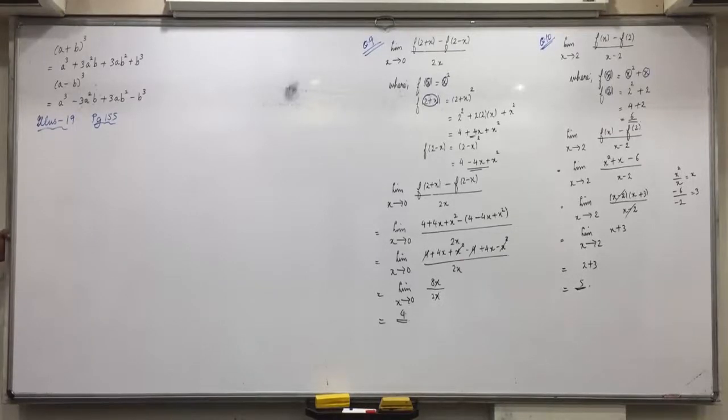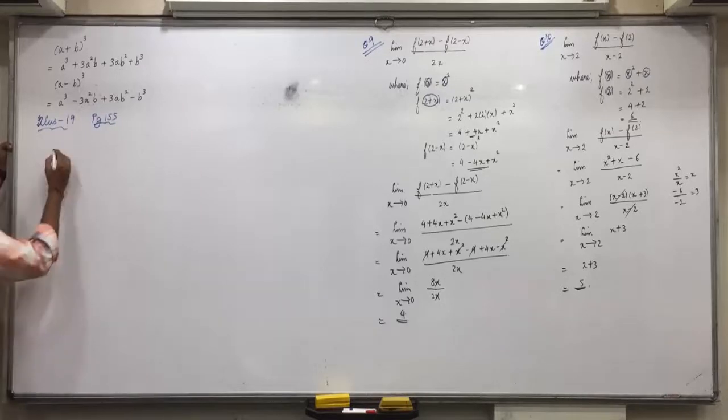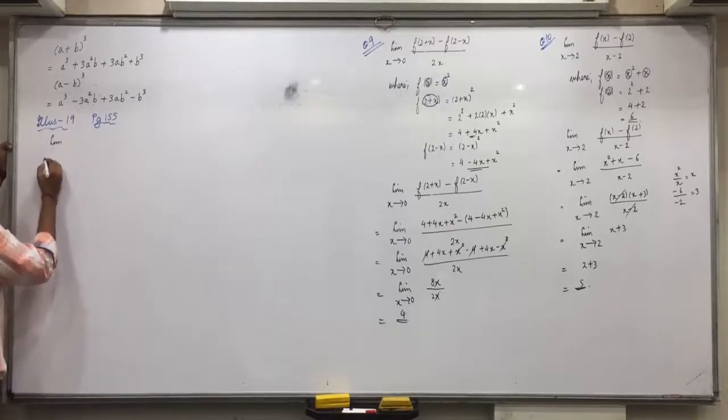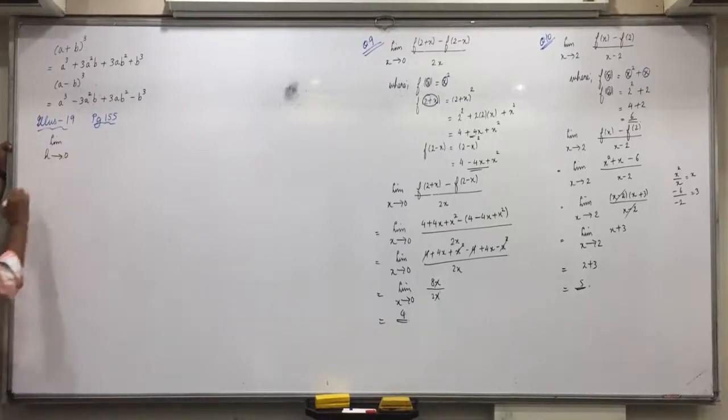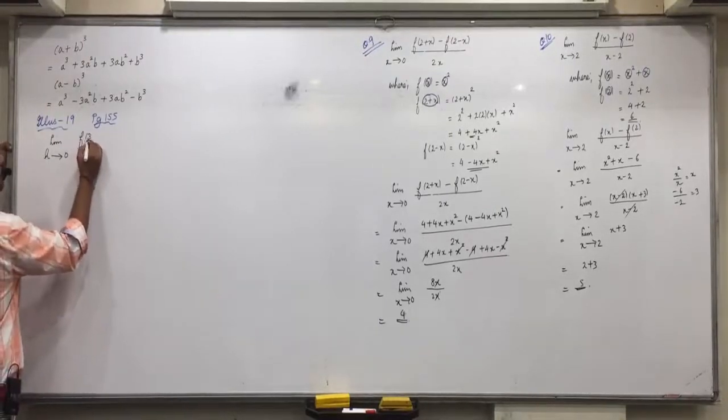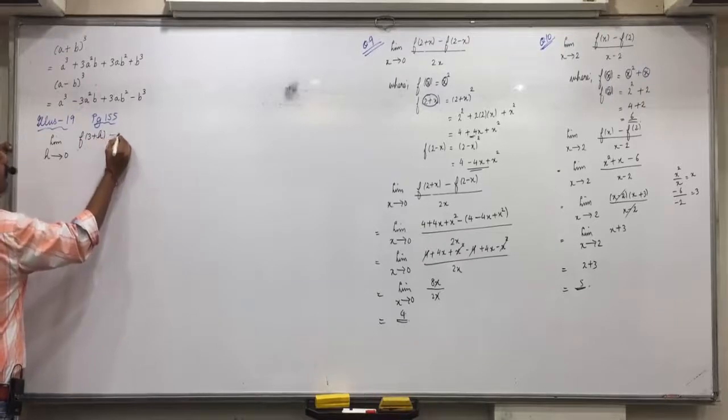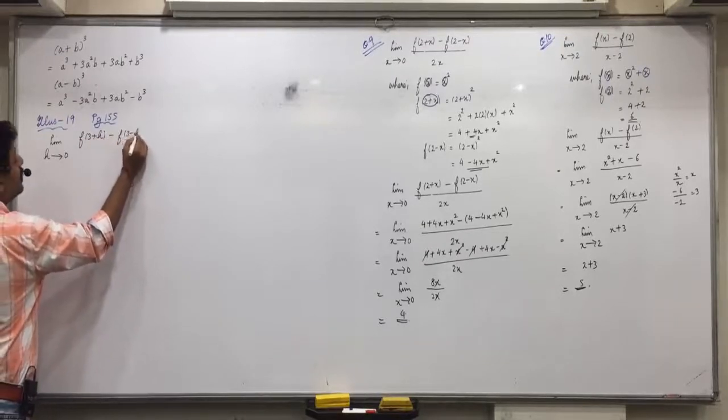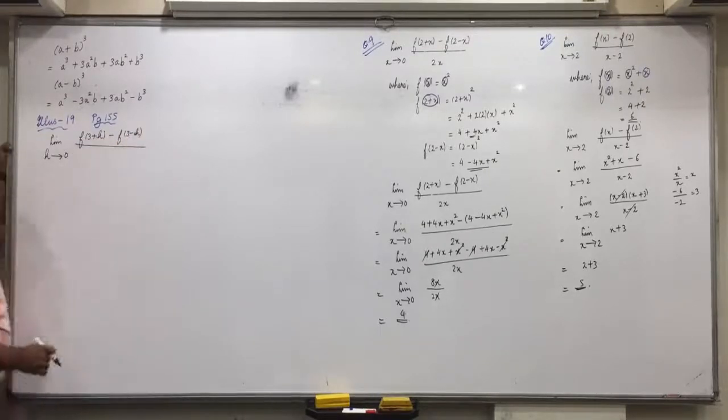If f(x) equals x³, find the value of limit h tends to 0, (f(3 + h) minus f(3 − h)) divided by 2h.